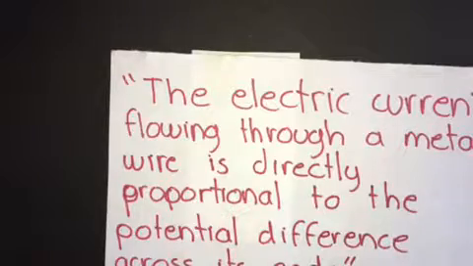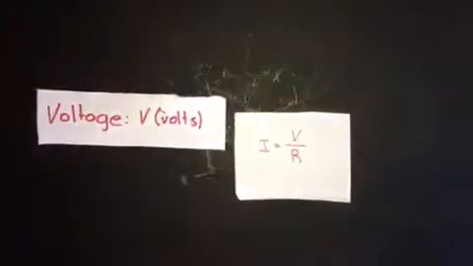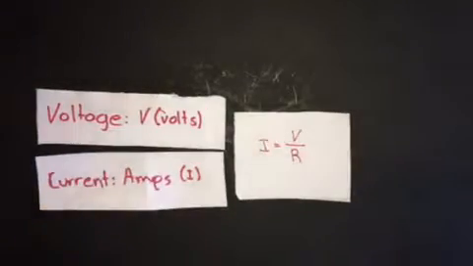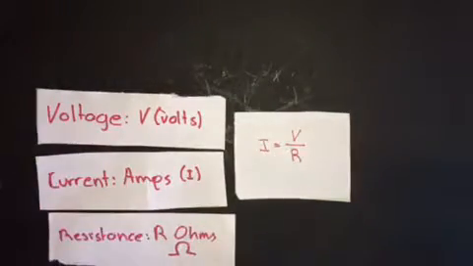Now, maybe you don't understand what any of these words say, but what Ohm gave us is basically this little equation. This equation can help us get a lot of important things in electronics because it links three very important factors: voltage, current, and resistance.